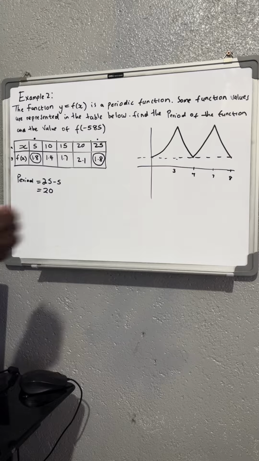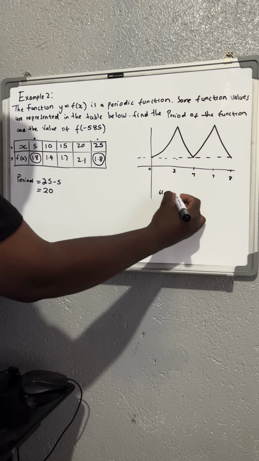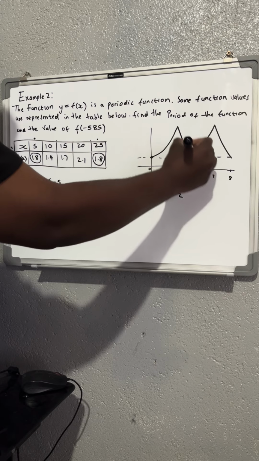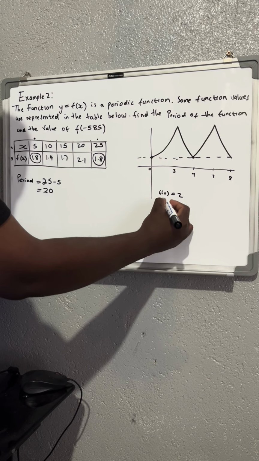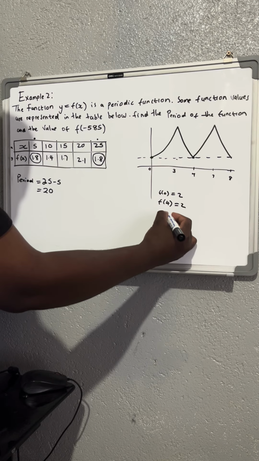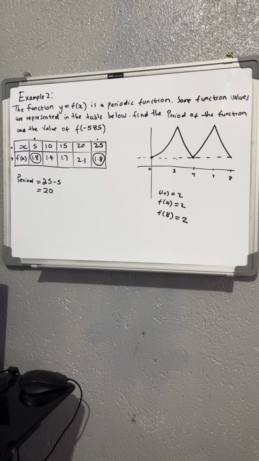So what basically happens is that when I have my f of 0, I have 2. So this is where the graph starts, then it goes up, it moves a full circle, then it returns here. Then when I have f of 4, I also have 2. Then when I have f of 8, I also have a y value of 2. So it's basically more or less the same concept, but it's different when it comes to a table. So here I'm just trying to write it for you so that you understand what it is that they're trying to calculate.